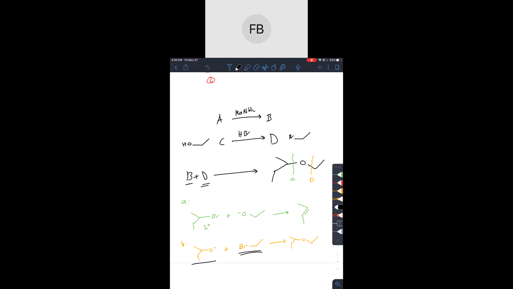Product B must be the one with the O minus, so it looks like this. So it must have started out like this, and we should put our Na plus here. So our answers are B is this, D is this, C is this, A is this.